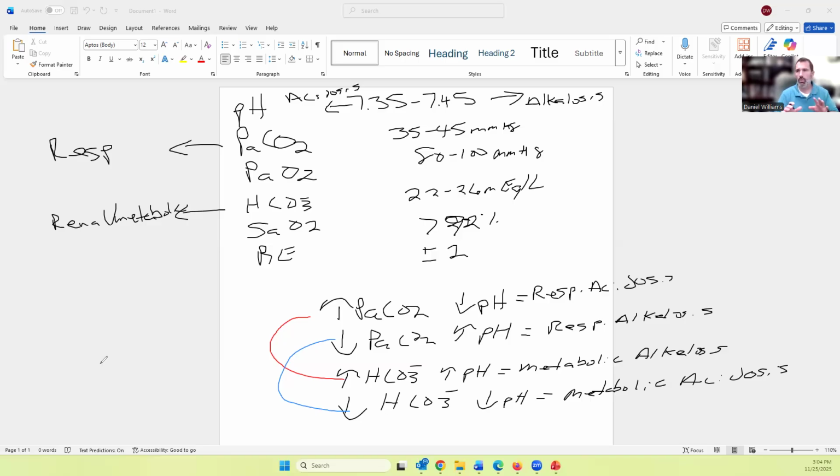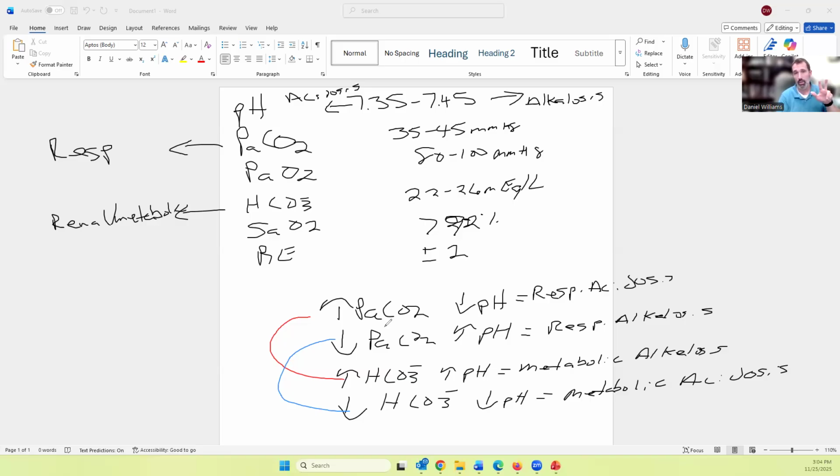Those are relationships that you've absolutely got to understand before you begin to look at whether you have a respiratory acidosis, and whether it is compensated, uncompensated, or what have you. So you also have to go back and remember the normal values. First thing I would recommend you do is assess your pH. Is it normal? Is it acidotic? Is it alkalotic?